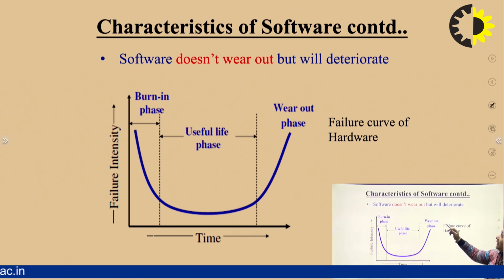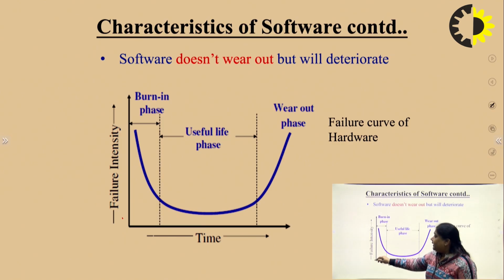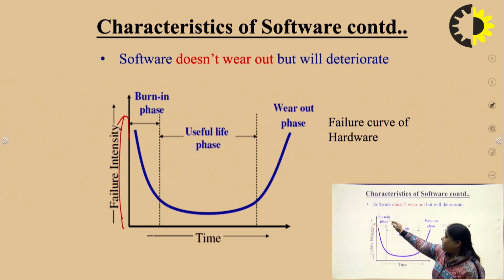Next, software does not wear out, but it will deteriorate. This is the failure curve of hardware. When a hardware has first been built, its failure chances are very high. This is the burn-in phase.